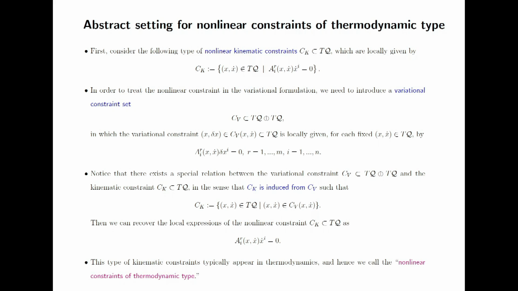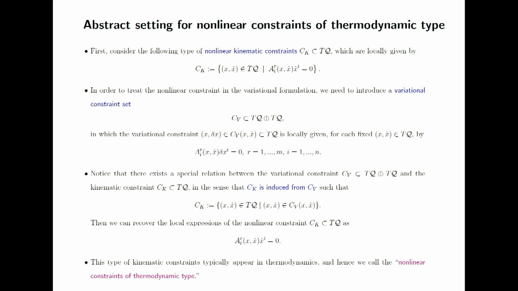The coefficient is associated with the motion x dot, but we also have delta x, so it is a mixed variational constraint. By introducing this, mathematically, the nonlinear kinematic constraint can be recovered from this variational constraint CV.